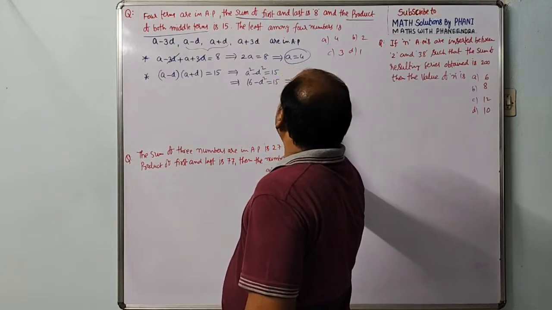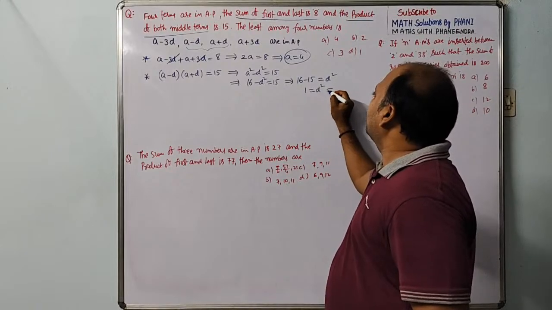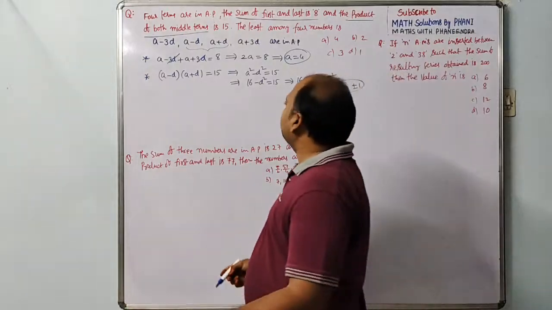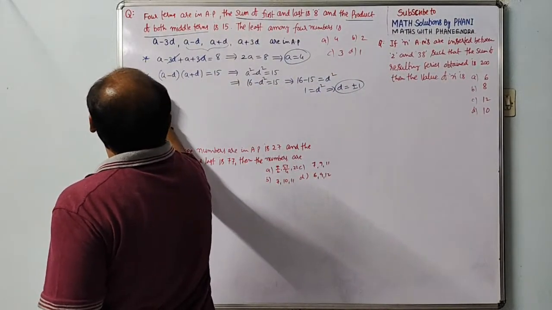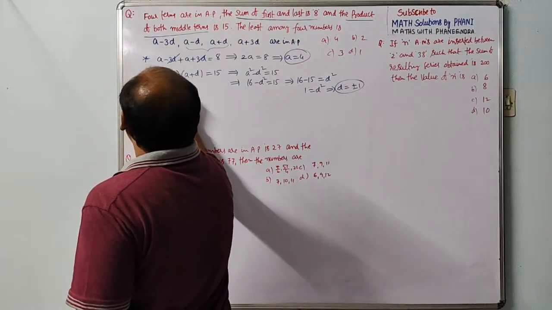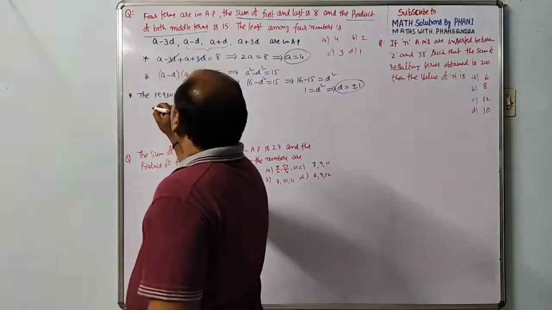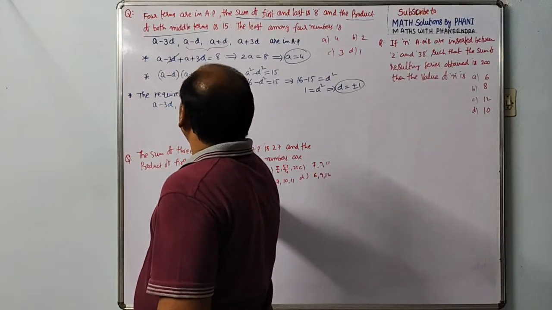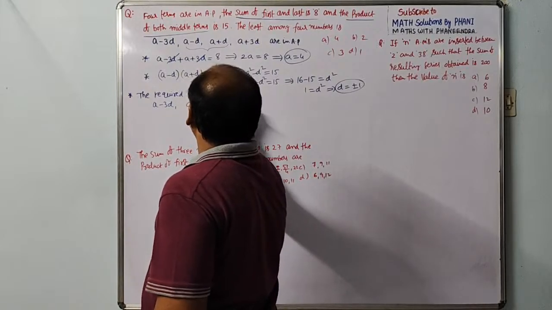That implies 16 minus 15 equal to D square, 1 is equal to D square. That implies D equal to plus or minus 1. So the required numbers are A minus 3D, A minus D, A plus D, A plus 3D.